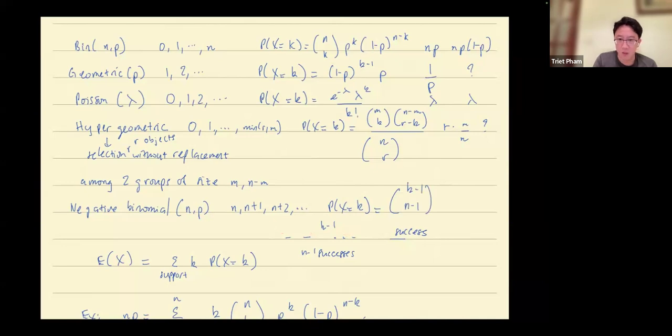And then the last one must be a success. The probability for that to happen is 1 minus p to the power of the number of failures, which is k minus n, and then p to the n for the n successes.